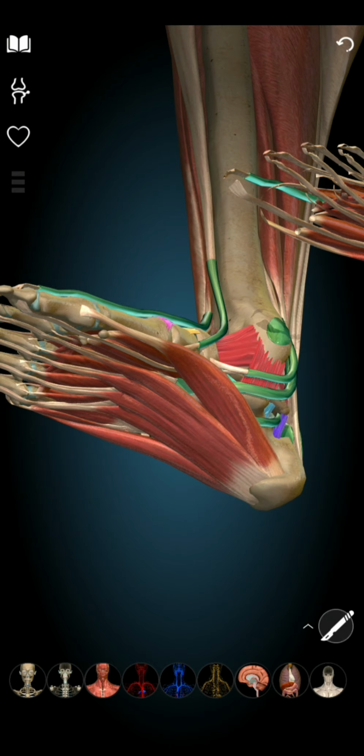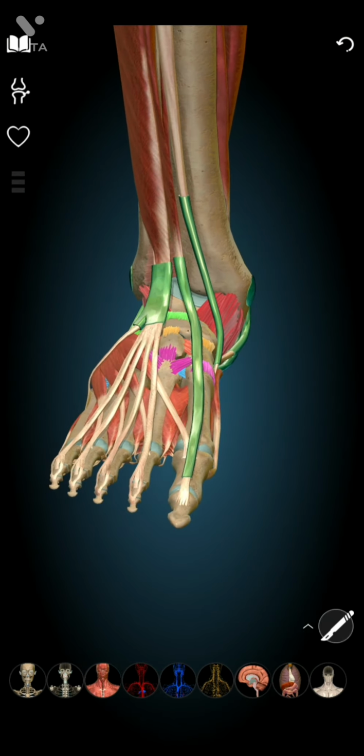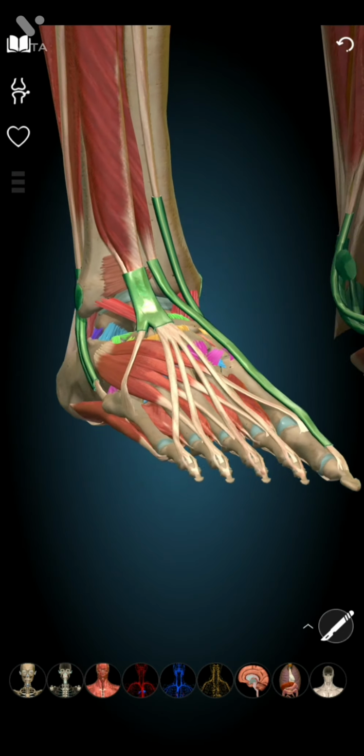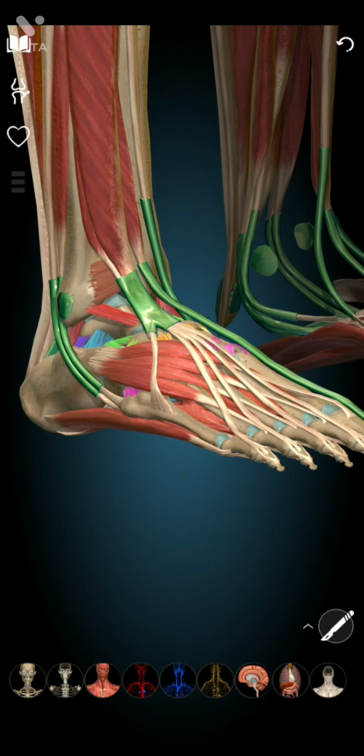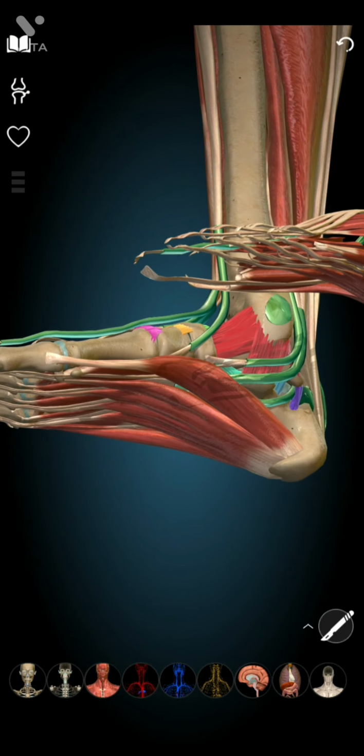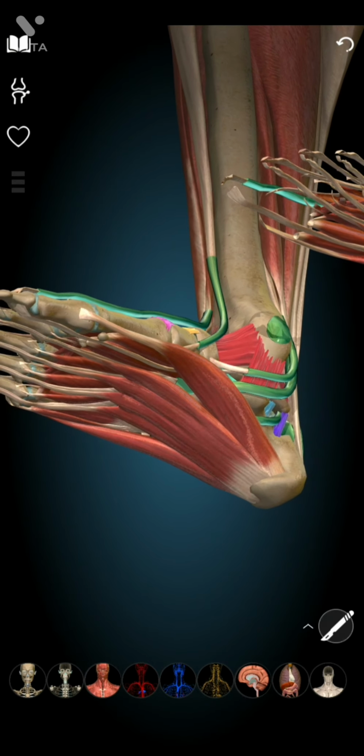What is its function? It abducts medially. Observe this movement, it abducts medially like this. Observe once again. Hence it got its name from that movement and from the origin and insertion. It's that simple.